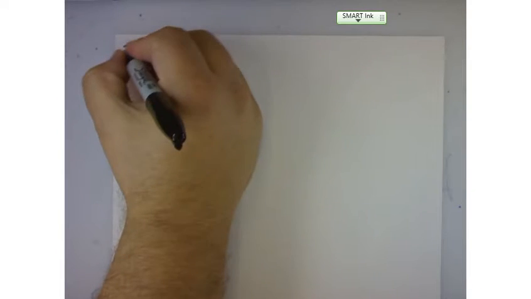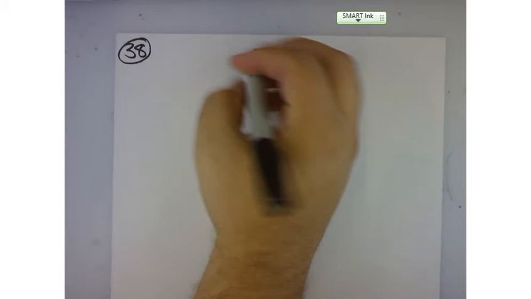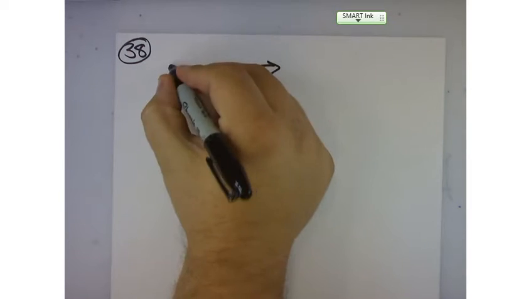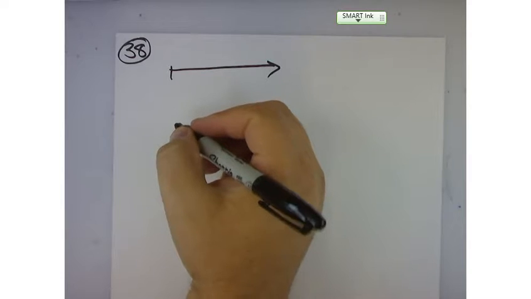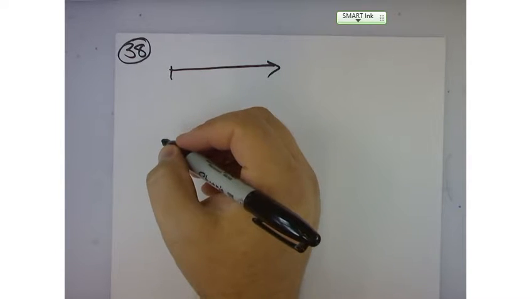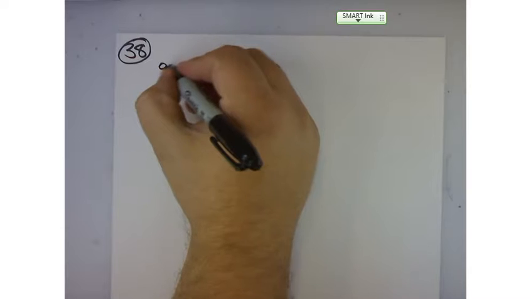So for problem number 38, let's read that again and try to draw a picture. It says a car accelerates at a constant rate of 2 meters per second.